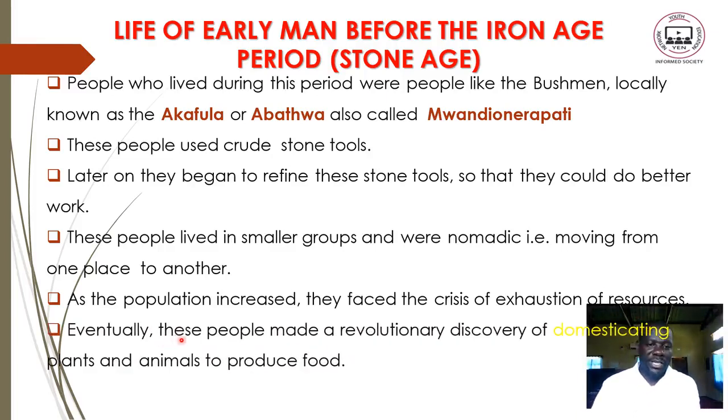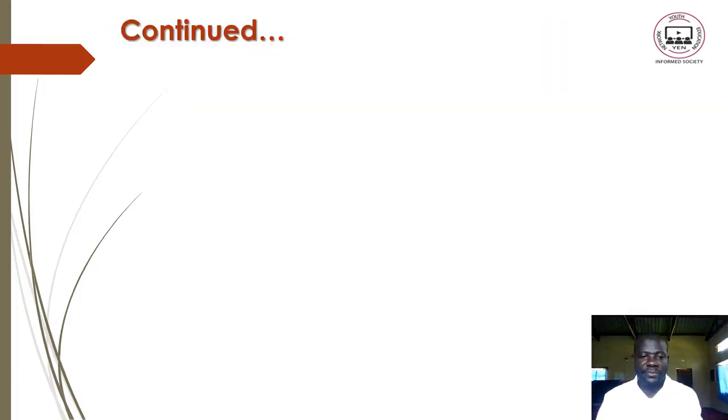So eventually, these people made a revolutionary discovery of domesticating plants and animals to produce food. They started to domesticate some animals as well as wild plants. Now they started planting them near them, then they could harvest. And animals, the same way, they could get wild animals and train them until they became docile, then they could tame them or rear them at home.